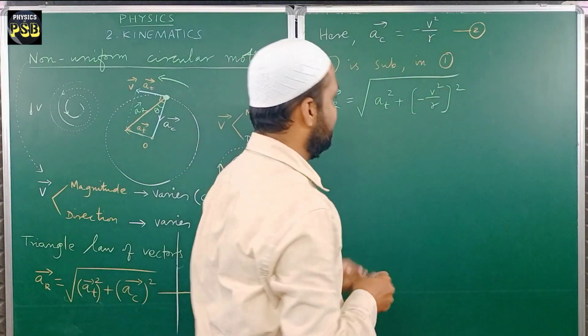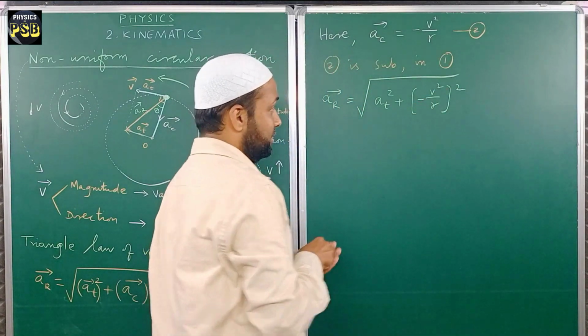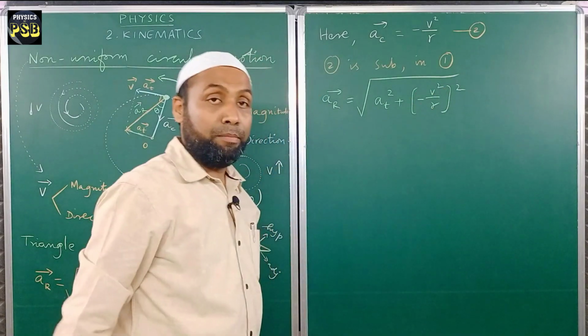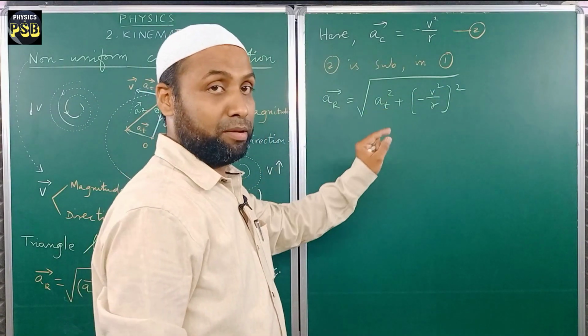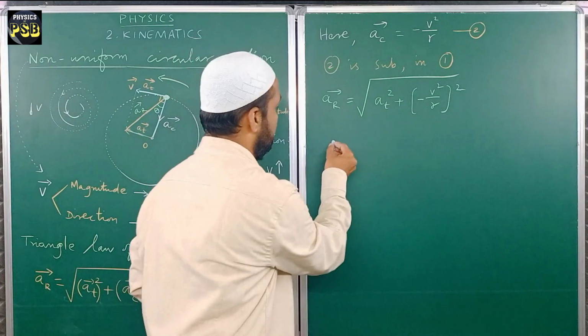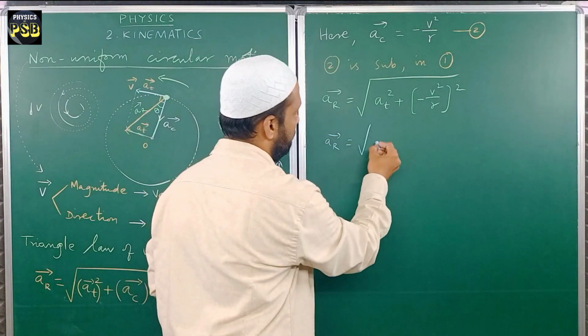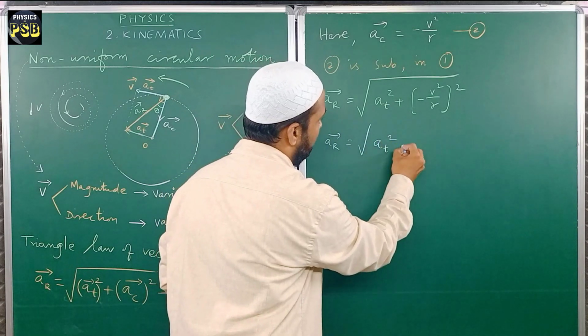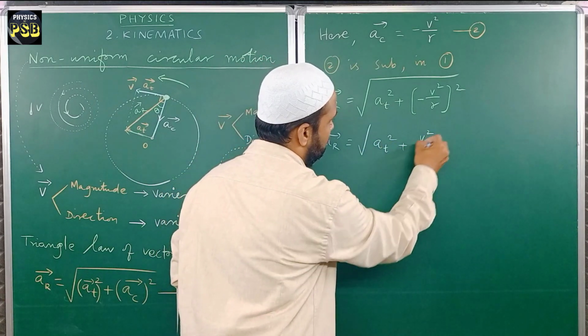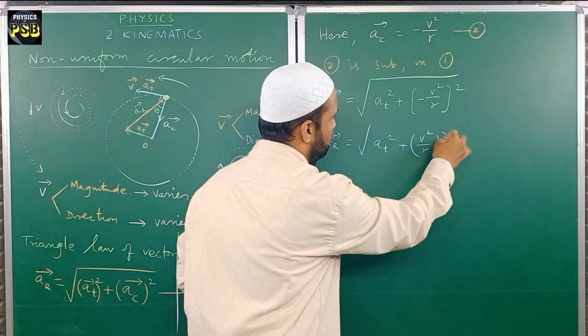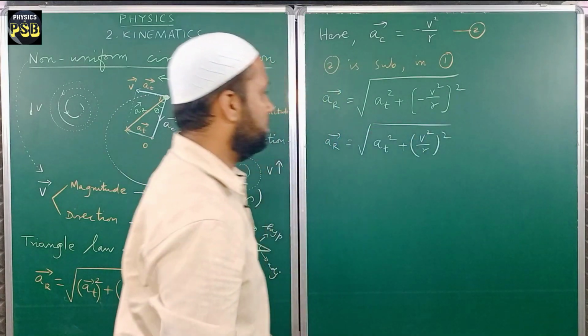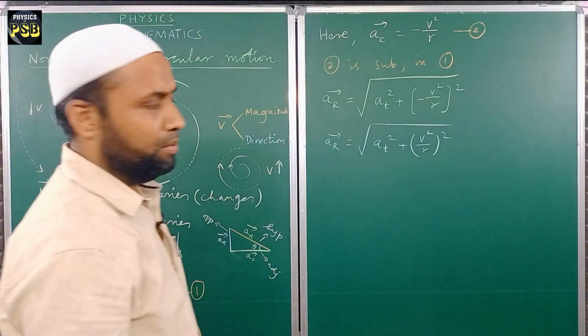Now when I square this, what I get? This minus sign will disappear. Minus into minus will become plus. So I get AT square plus v square upon r the whole square. Correct? This is what happened.